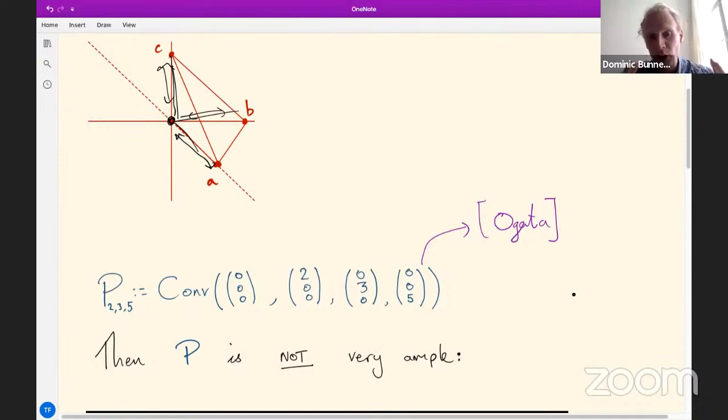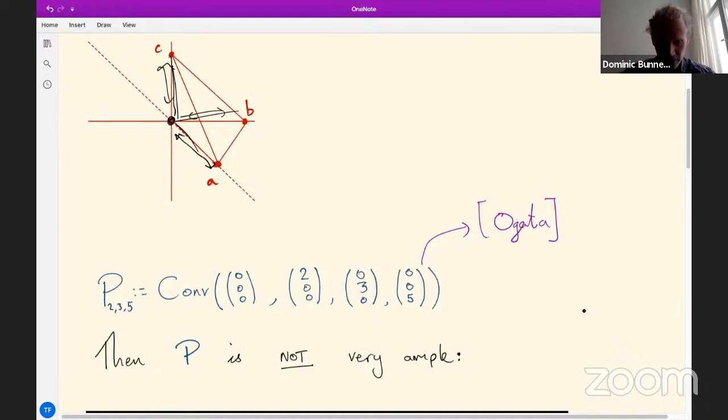And this is an example of a not very ample simplex in 3 dimensions. From the result we discussed before, it also means non-normal. And from the other result that we discussed, since it's 3-dimensional, if we take the second dilation, then we know it's going to be very ample and normal.